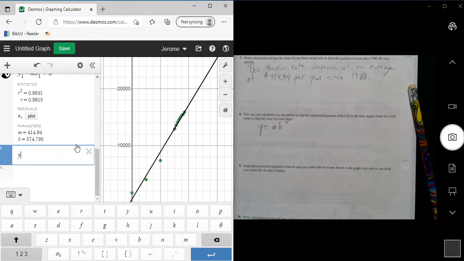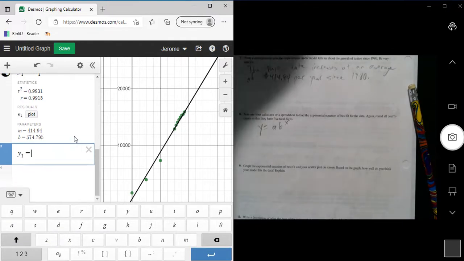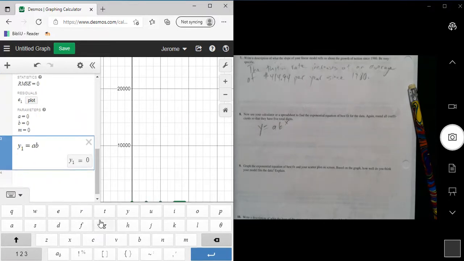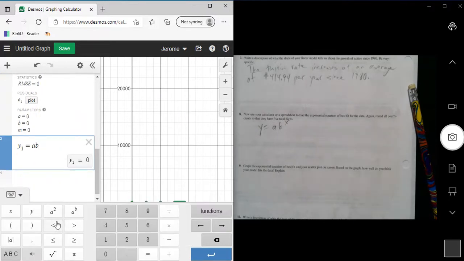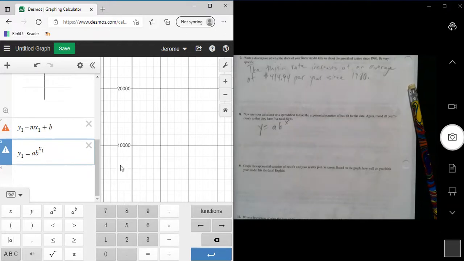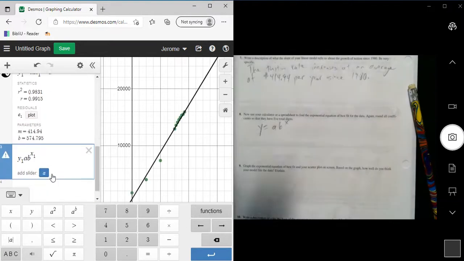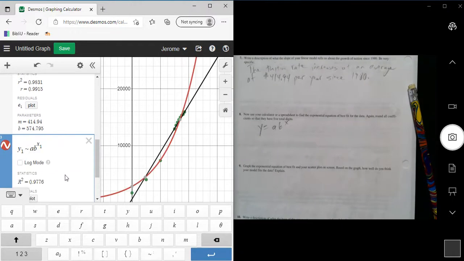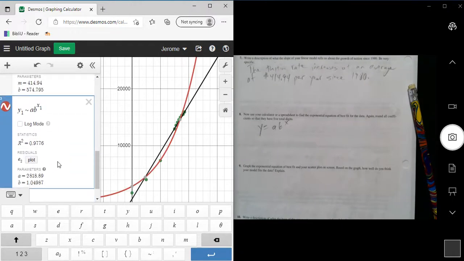It'll be y sub 1 is equal to a b, and then we would take this to the power of x1. Oh, and you know what? We weren't supposed to use the equal sign. We were supposed to use the tilde. Okay, now we have the tilde here.